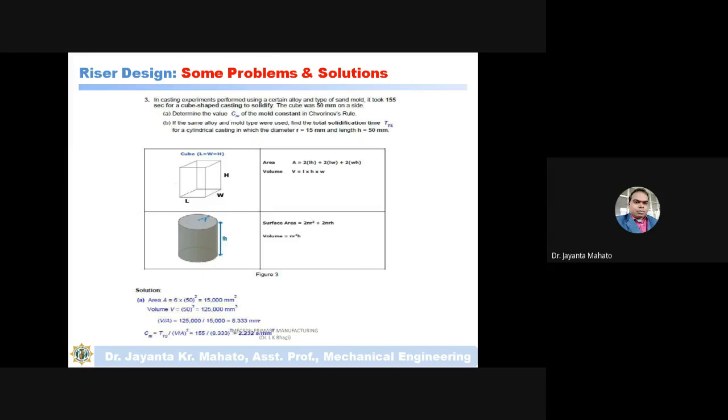Then you can calculate the value of D, and from this value you can design the riser size. Okay.